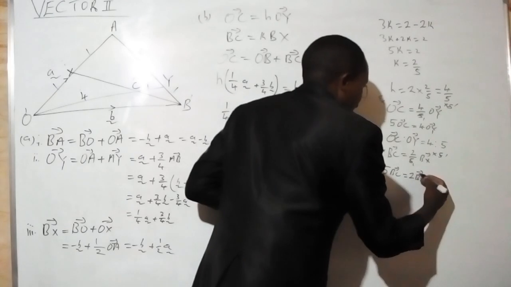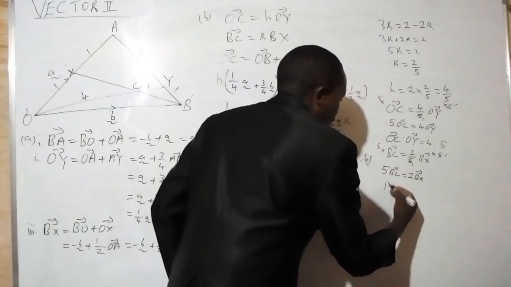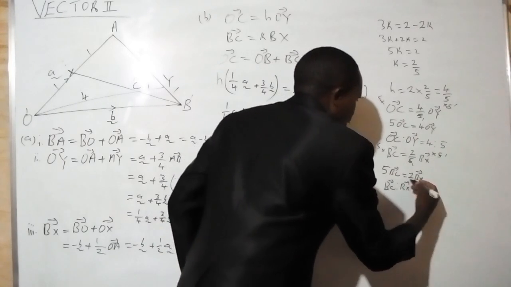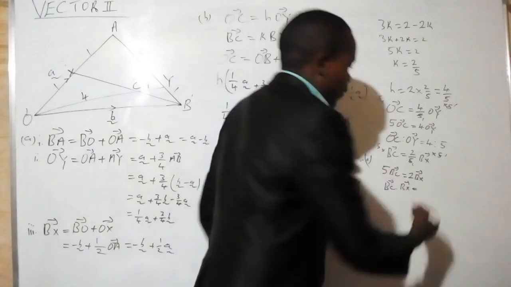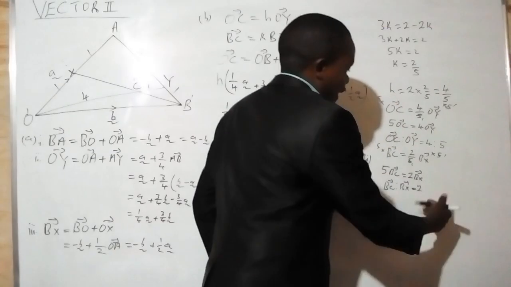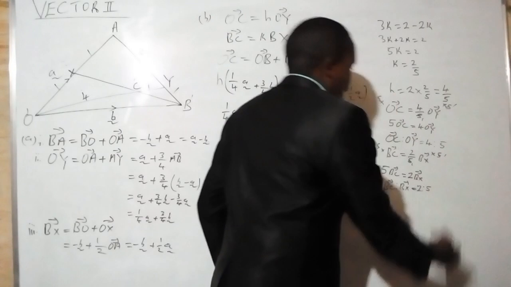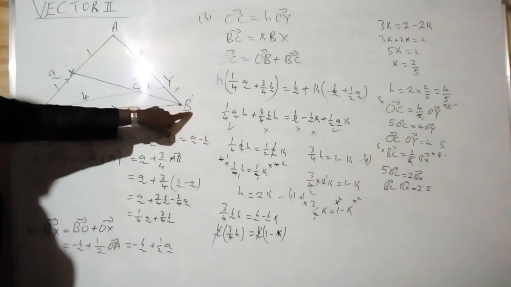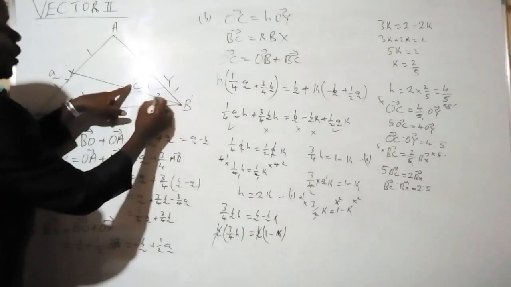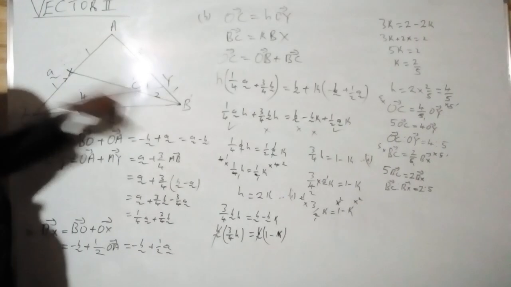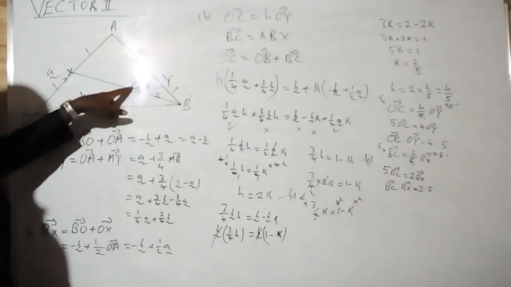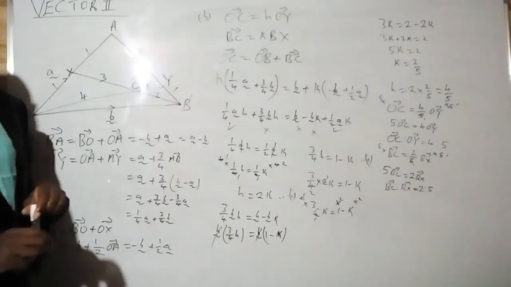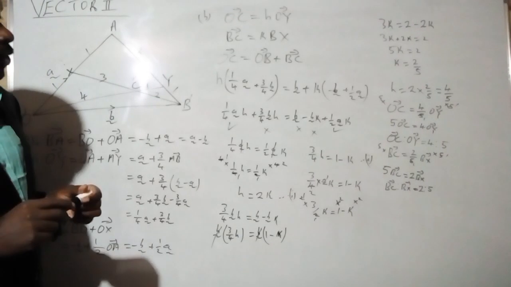In terms of ratio, BC is to BX, BC is 2, and BX is 5. Let's see whether correct. BC it's 2. So that from B to X total it's 5. It means CX will be 5 minus 2, 3. And that's how you're supposed to do that question. Thank you for today.